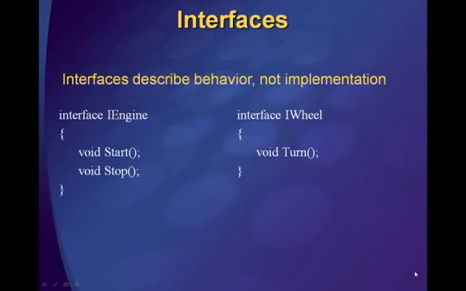interfaces. Let us define these two interfaces, IEngine and IWheel. Interfaces have only methods. Properties are just a shorthand for a type of method. Hence, they only describe the behavior associated with the interface. Wheel: turn. Engine: stop, start.